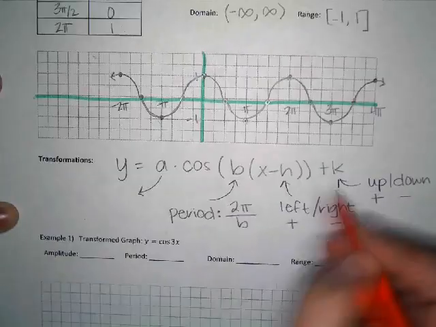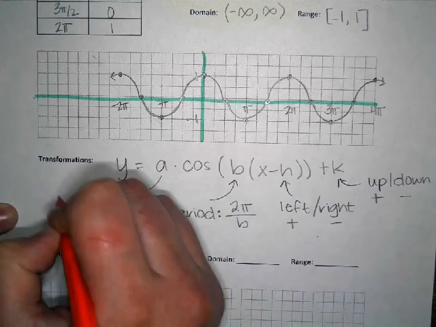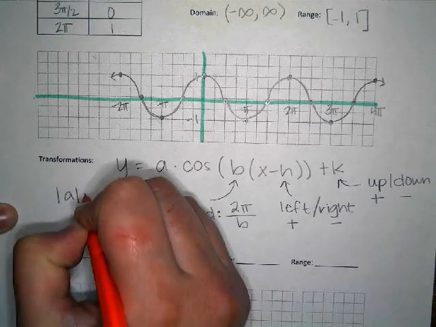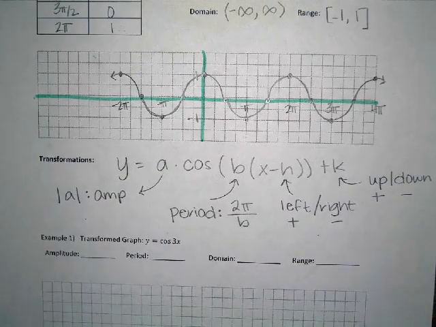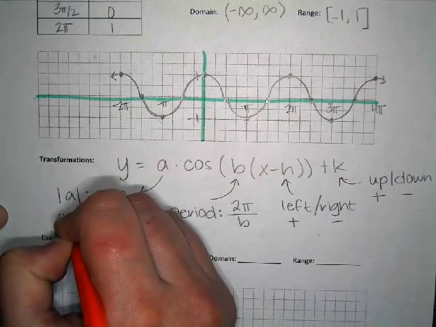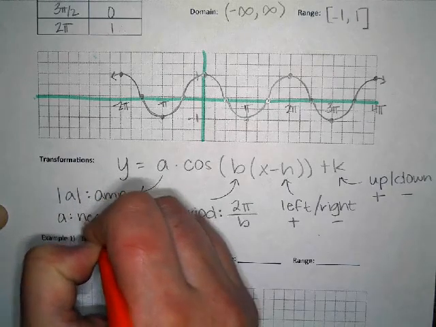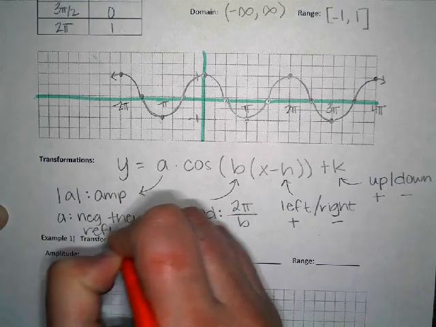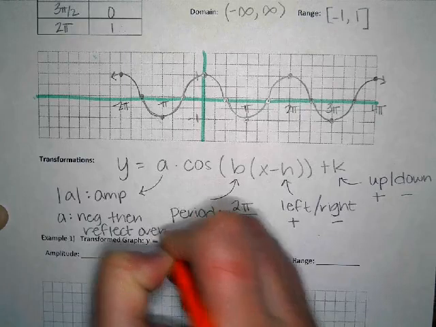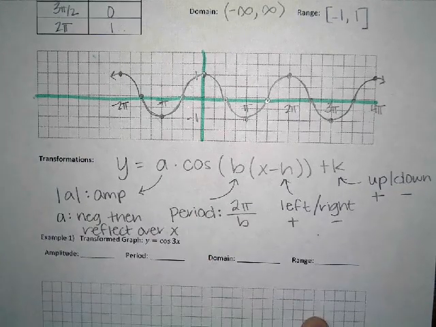And then the absolute value of a is the amplitude of the graph. Amplitude is always positive. It's just saying how far from the middle of the graph you are. If a is negative, then the graph has been reflected over the x-axis. Okay, so I think that's all the transformations, just like we did yesterday.